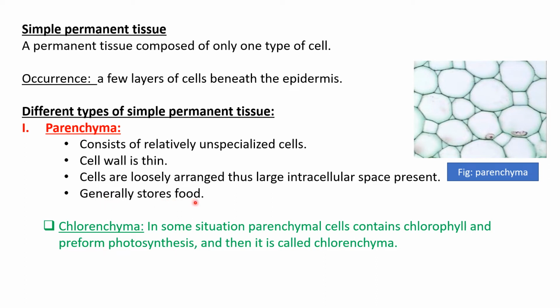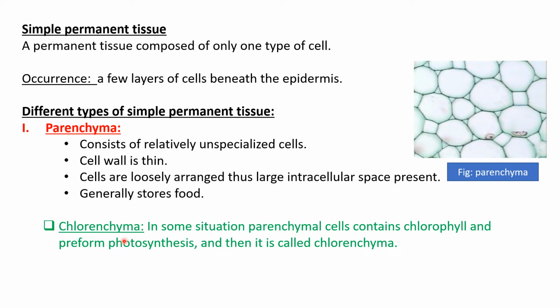Function: generally store food. Parenchymal tissues are mainly responsible for storing food. One more new term you will see is chlorenchyma. This is also a type of parenchyma. When chlorophyll is present in parenchyma, this type of parenchyma is called chlorenchyma.